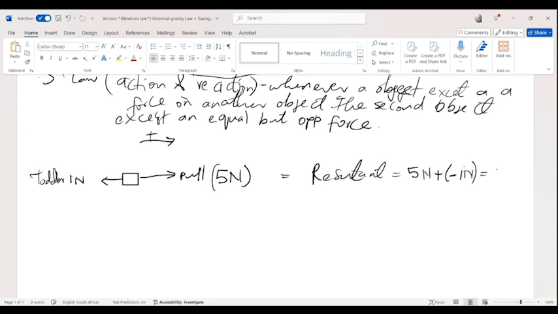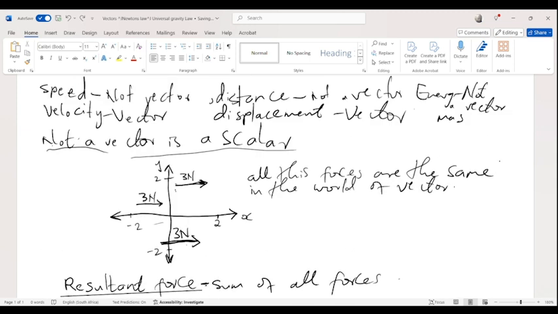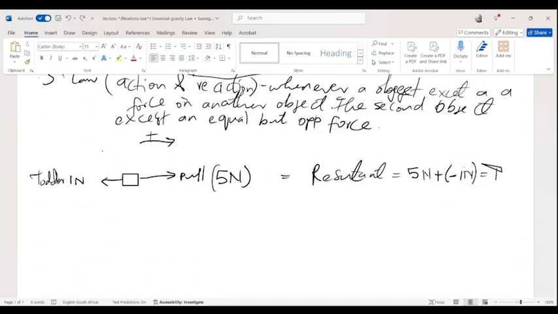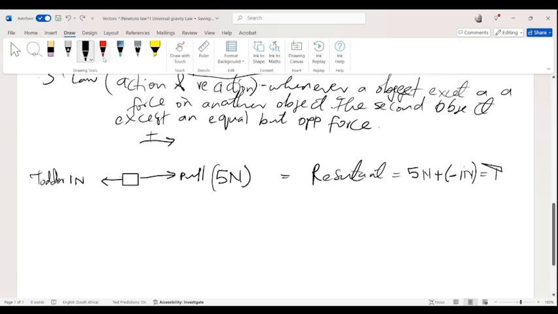This will give us 4 newtons. That's a resultant force.